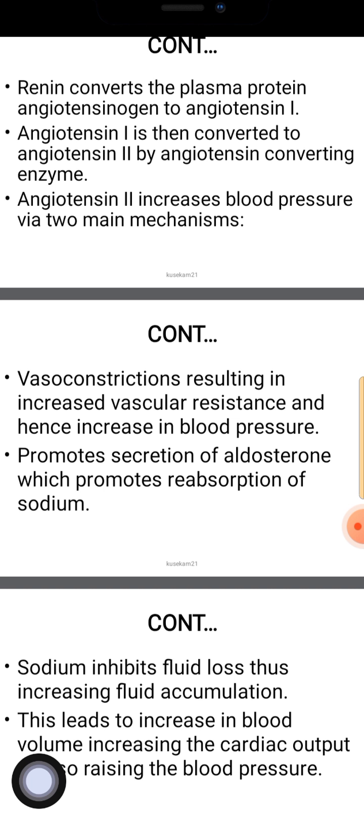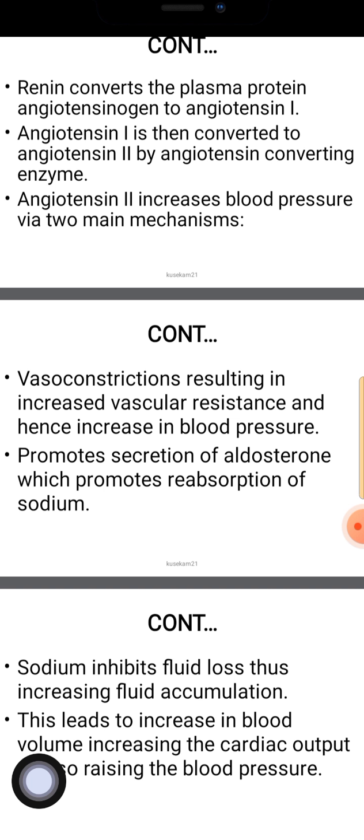Then this angiotensin 1 is not capable enough to operate well, so it has to be converted again into a powerful form. Angiotensin 1 is then converted to angiotensin 2 by angiotensin converting enzyme.